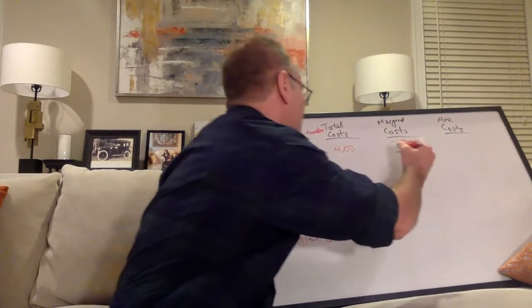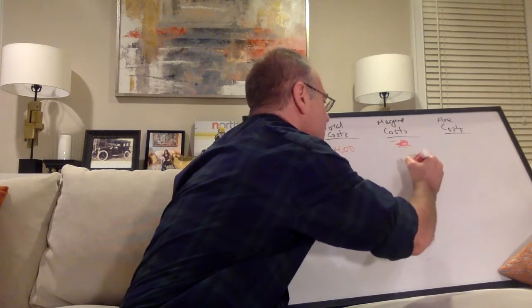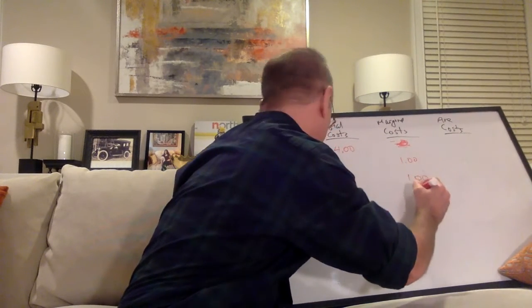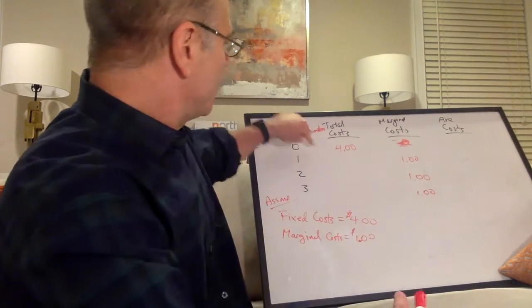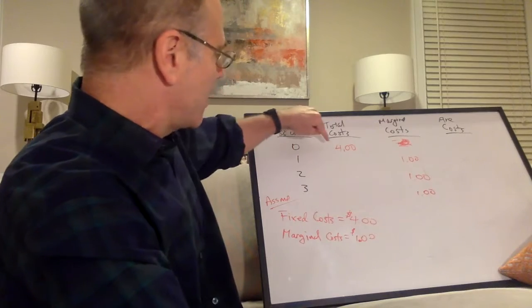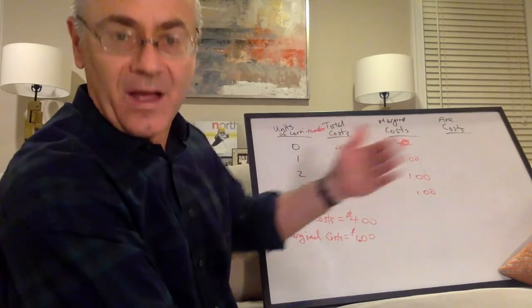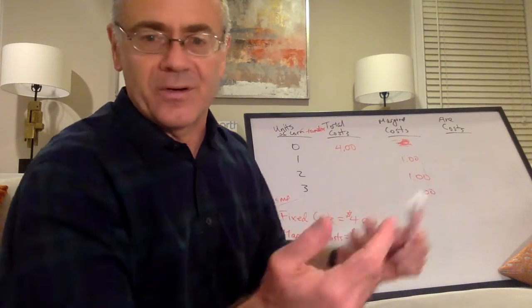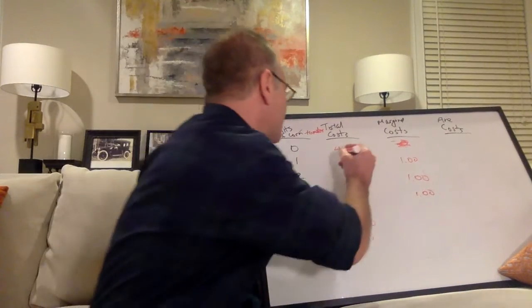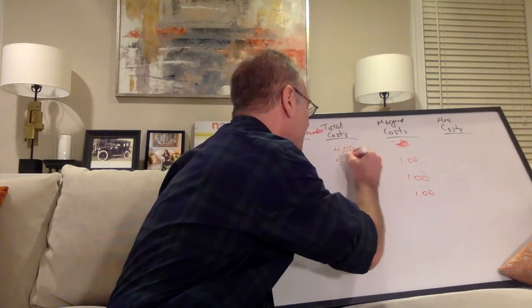So the marginal cost is going to be $1 every time. So to produce 1 unit of tomatoes, it's going to cost the $4 to buy the bucket plus the $1, say that's the labor to harvest the tomatoes. So it's going to be a total cost of $5.